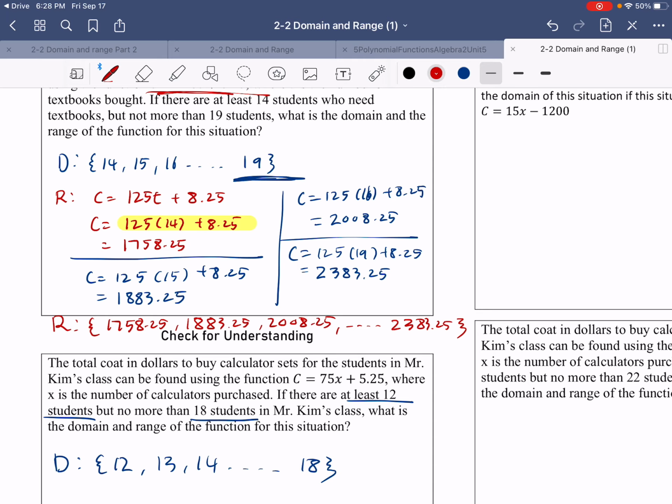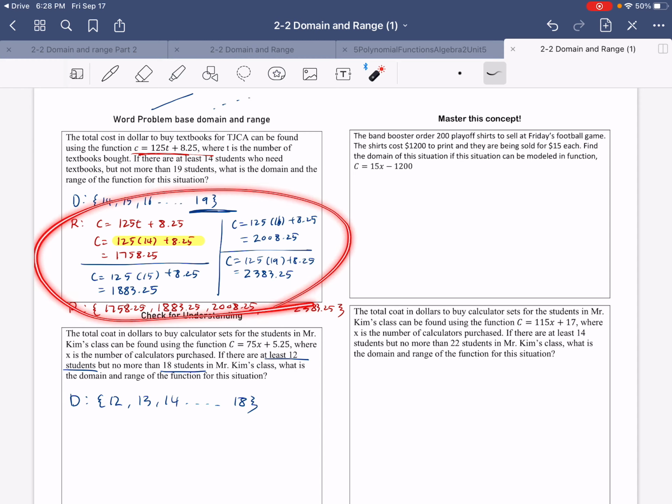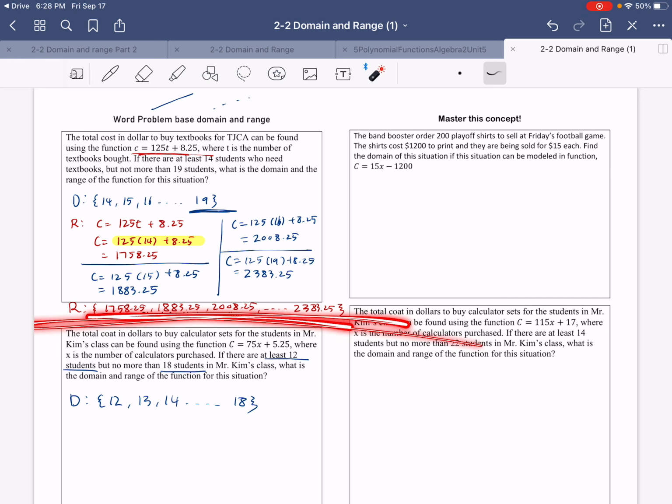So that's the range. You may think this one is too much, but it's not, because when you actually do this, your question is gonna be multiple choice, and you will have this as an answer choice. So when the question is asking for the range, you can tell this one is gonna be the range, right?